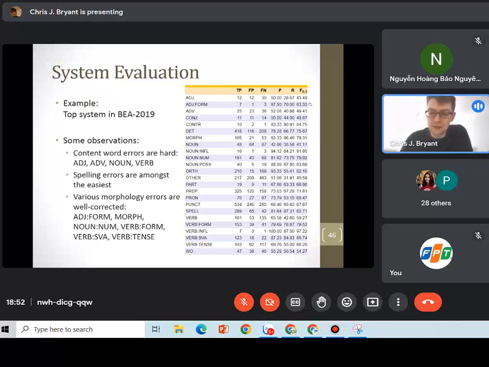So this really gives us more information about how well these systems do. Determiner errors, as you can see, are also very, very common, but the system still does very well, and similarly with prepositions. So this is just an example of what you can do with the evaluation and how it might inform your system development or human evaluation as well.